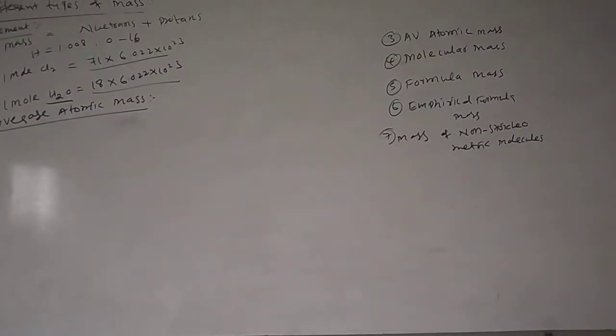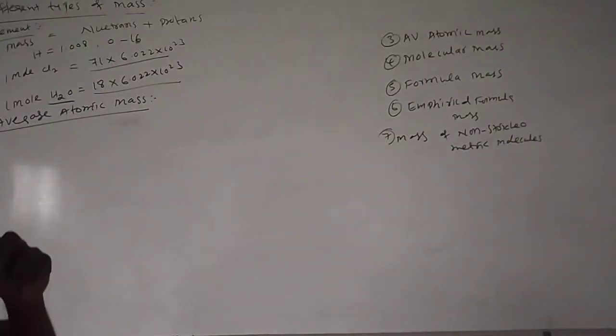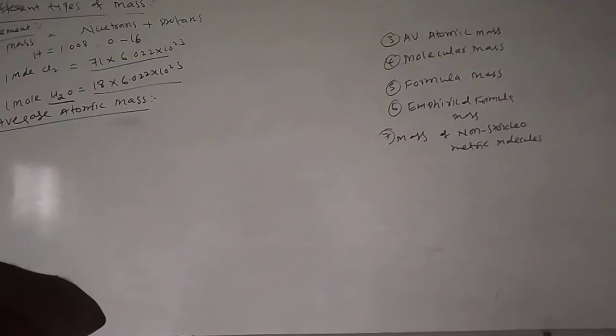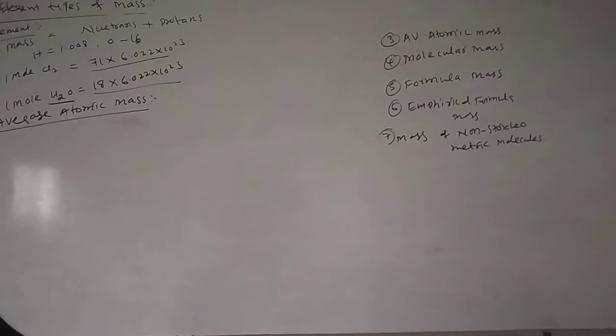How do we get 35.5? We could take 35 or 36, but here we take 35.5. That is the average molecular mass of chlorine. Why do we take the average?